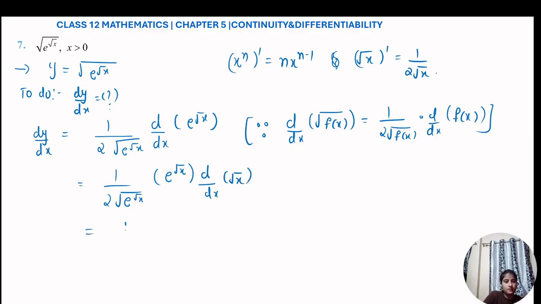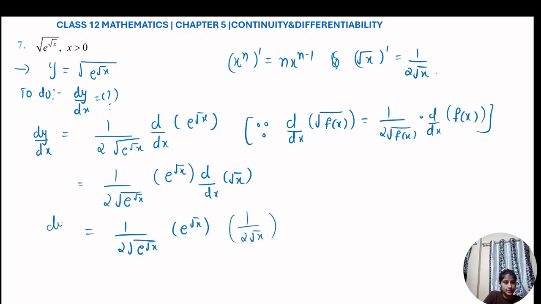We know that d by dx of root x is nothing but 1 upon 2 root x.